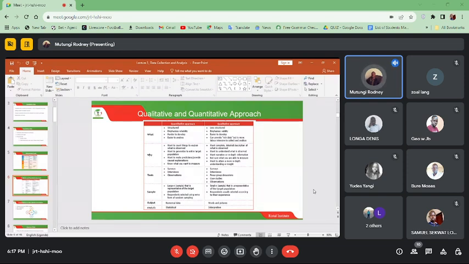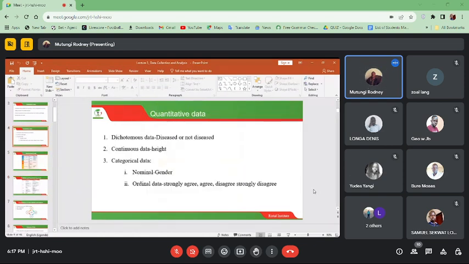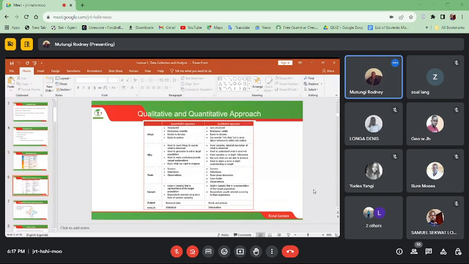Then you put those options: strongly agree, agree, disagree, and strongly disagree. So that is in quantitative. It is already preset and you cannot change it.